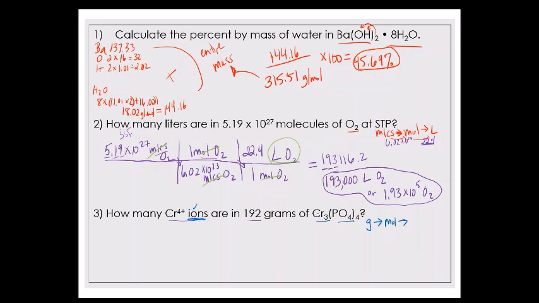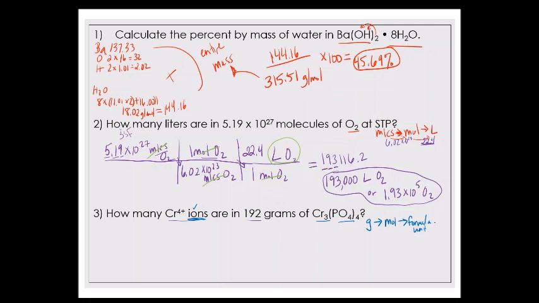From the mole, though, since this is an ionic compound, what type of particle would I be converting it to? Would it be molecules like up here, or is it going to be something different? It's something different. It's the formula unit. Very good. We use formula unit because remember, for ionic compounds, it's the lowest ratio between the two ions.